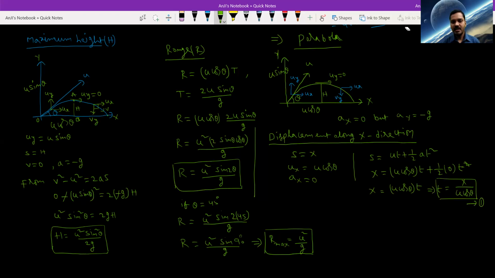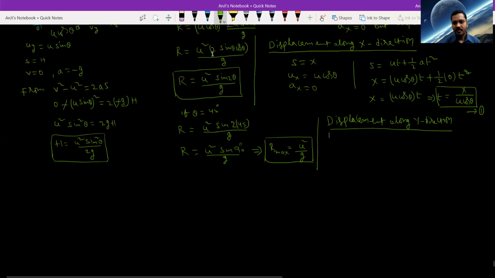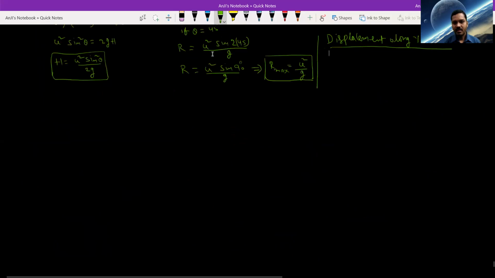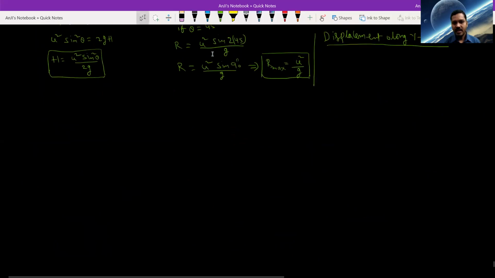Next, in a similar way, displacement along y direction. Similarly, I am writing the given data along y direction. Which values do we know here?